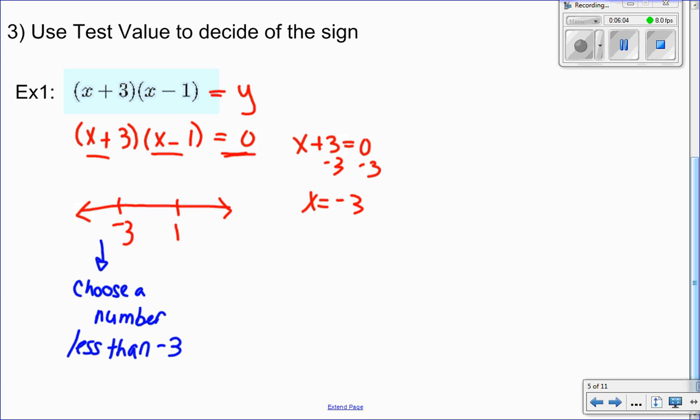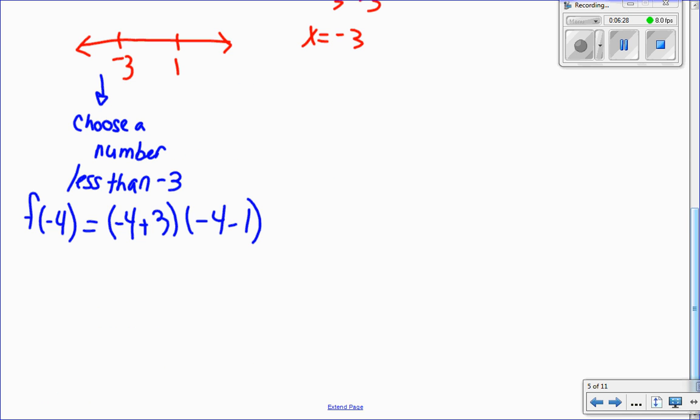We're going to find f of negative 4, which means we'll do negative 4 plus 3 and negative 4 minus 1. And honestly, we don't even have to calculate it. All that we care about is whether it's going to give us a positive or a negative result. So if you can see here, negative 4 plus 3 is going to give us a negative.